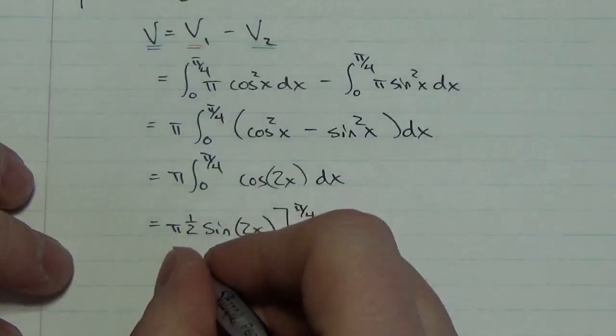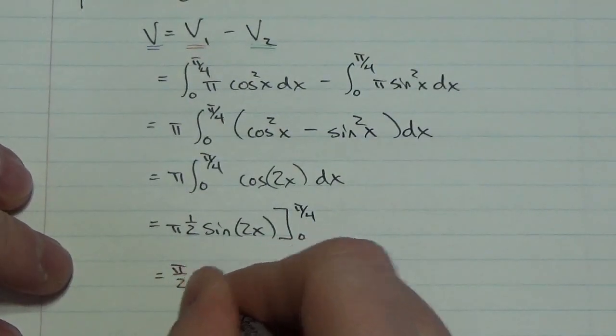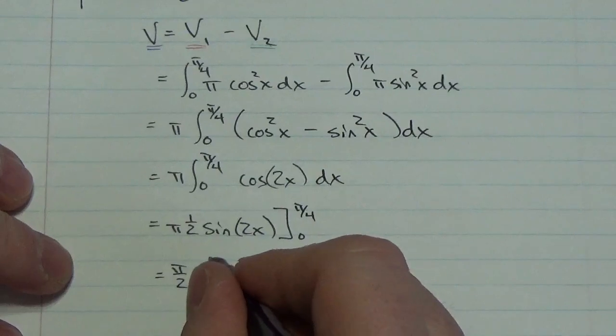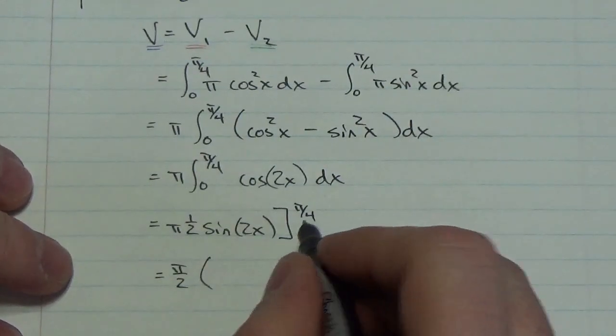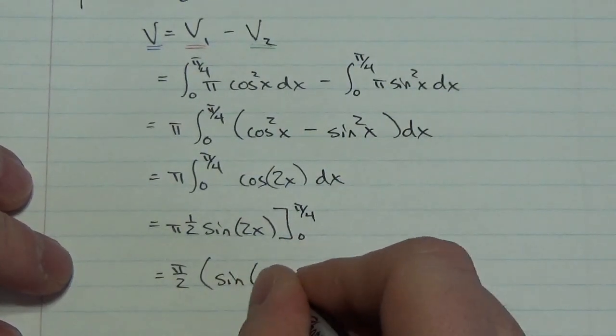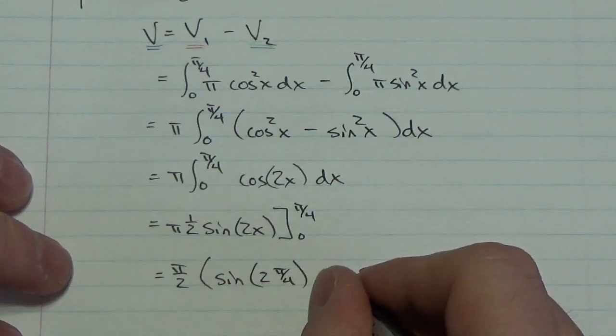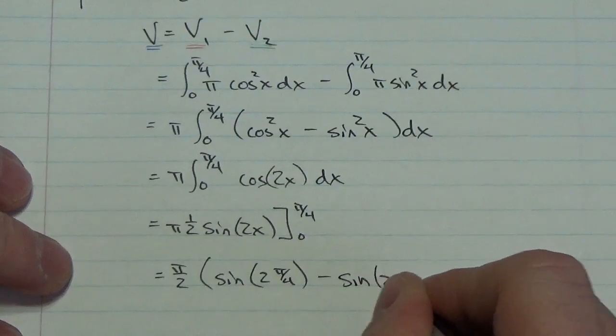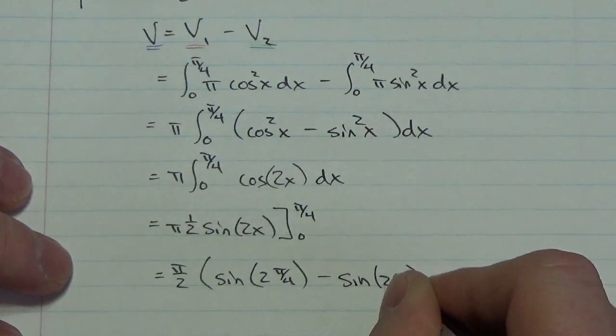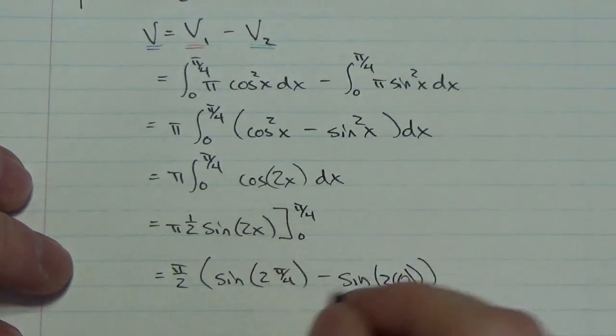Okay, so now what have I got? I've got pi over 2 out front, and I'm now going to evaluate this between pi over 4 and 0. So this is going to be sine of 2 times pi over 4, which is going to be pi over 2, minus the sine of 2 times 0. That's just going to be 0 here.